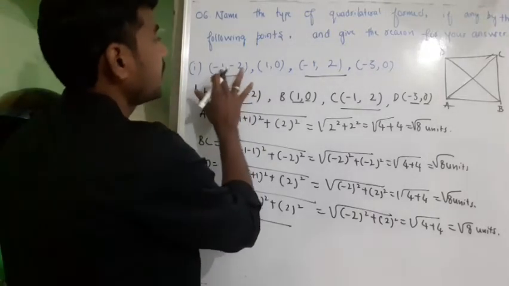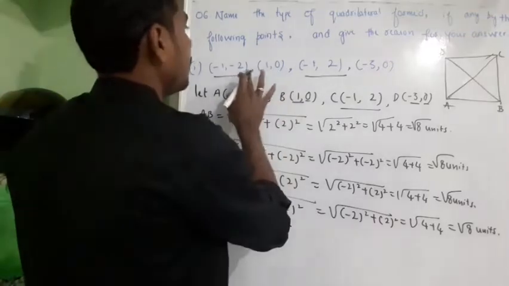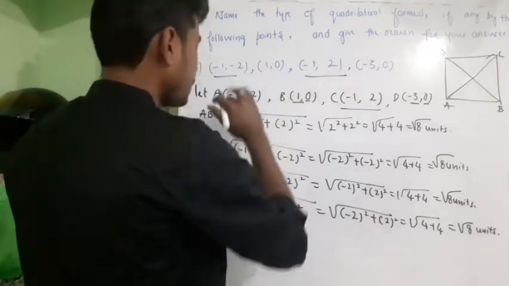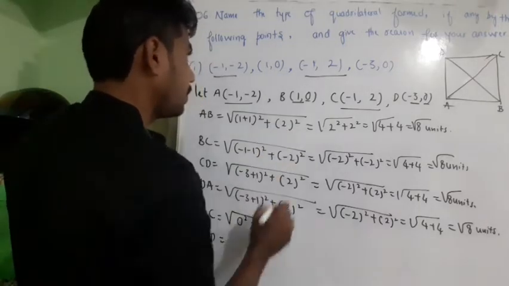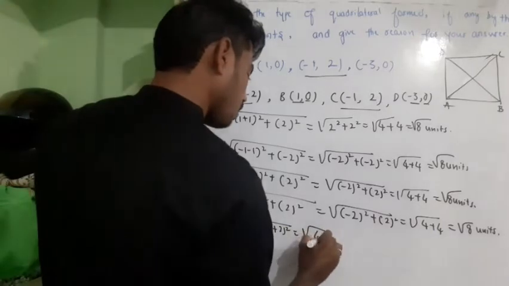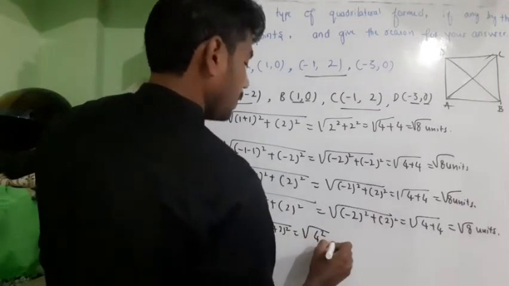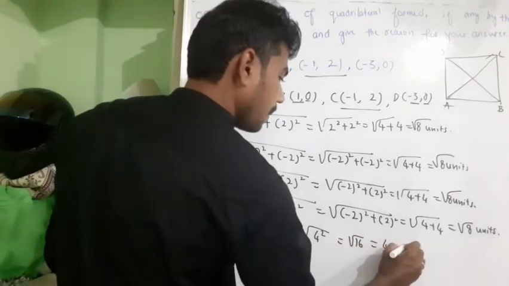No problem. Minus 1 plus 1, 0 square, plus 2 minus of minus 2 is nothing but 2 plus 2 whole square, which is equal to 4 square, which is equal to root of 16, which is equal to 4 units.